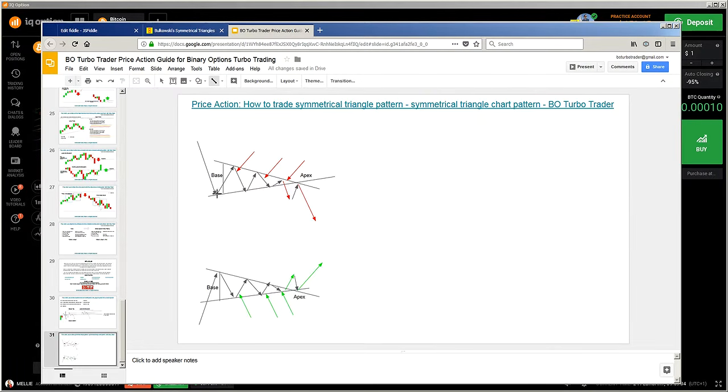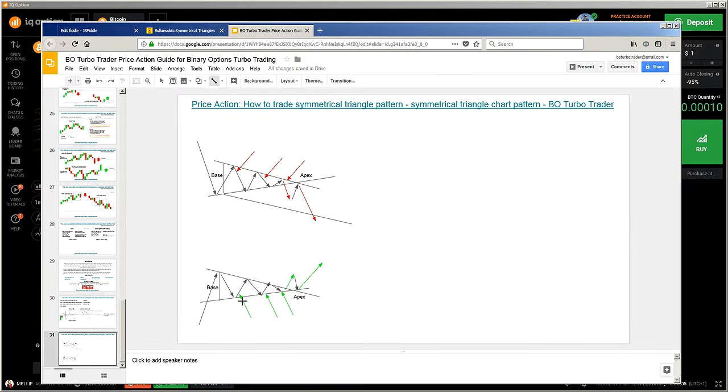This is the base, and then you draw a parallel in this manner, and so you have your parallel here, and then you have the expected exit, depending on the point where you are going to trade. It would be somewhere here. That was the expected exit.